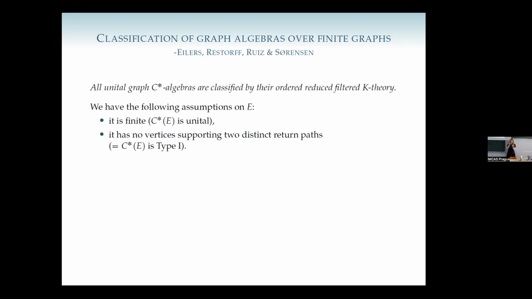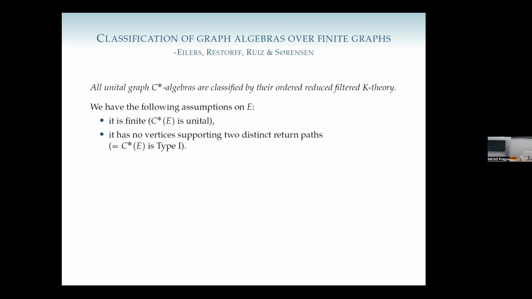You can use the loop many times, but then the different return paths will not be distinct. If you remember, the only way you can go back to the vertex is using the loop. So the graphs describing the length spaces satisfy this condition.